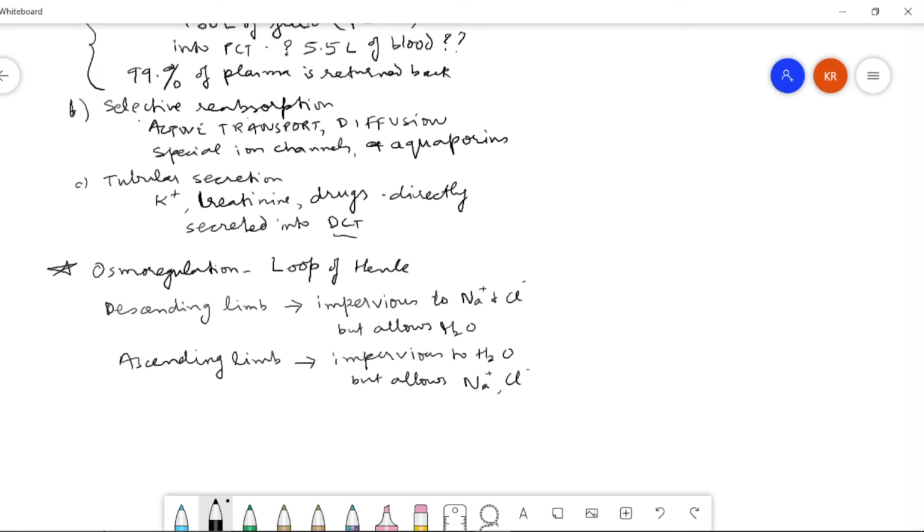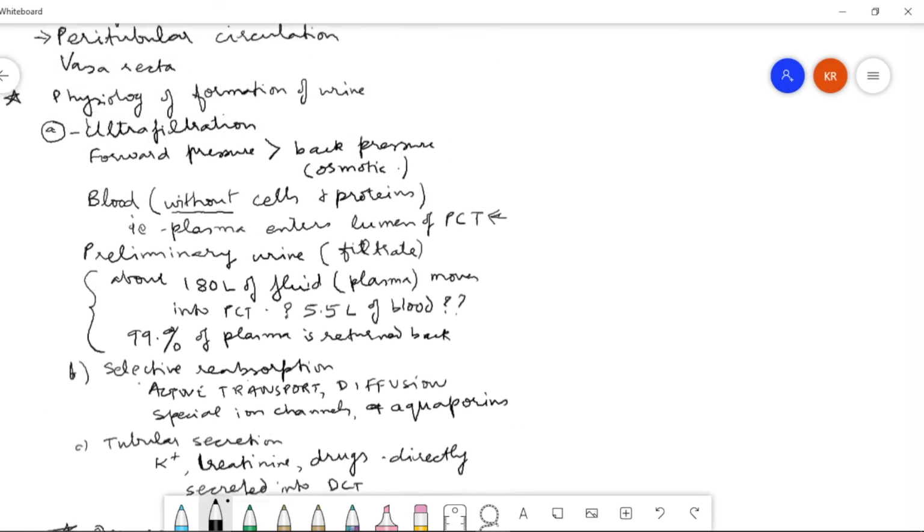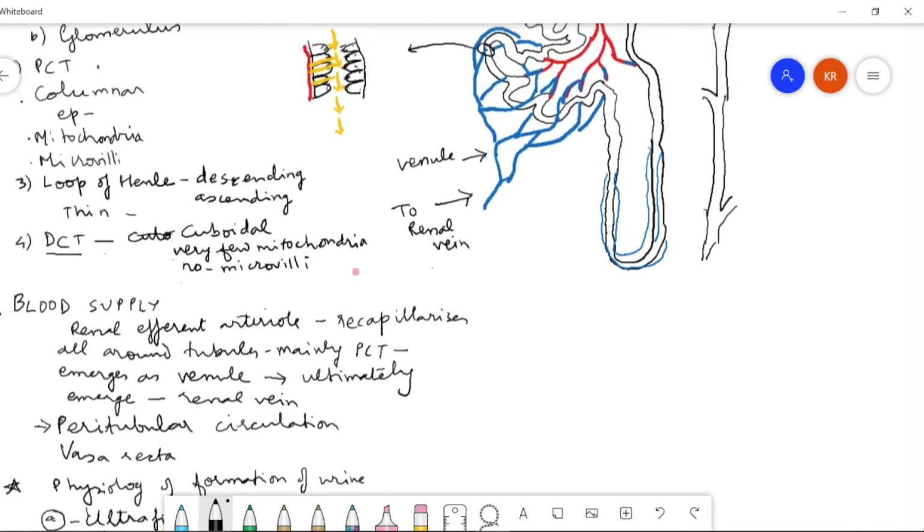So let us get back to that diagram. This is the descending limb, this is the ascending limb.